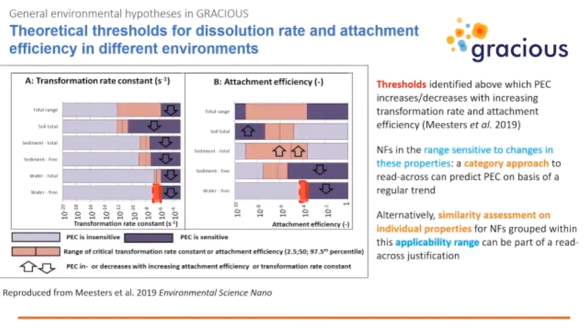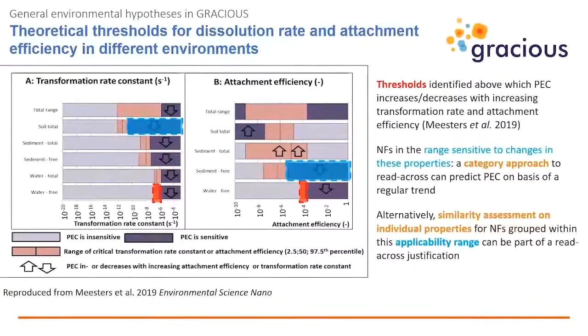When you're in this range, for example, those highlighted in blue here, a category approach to read across could be used to predict PEC on the basis of a regular trend. Alternatively, as we saw in Nina's presentation earlier, similarity assessment on individual properties of the nanoforms grouped in this applicability range could be used as part of a read across justification.